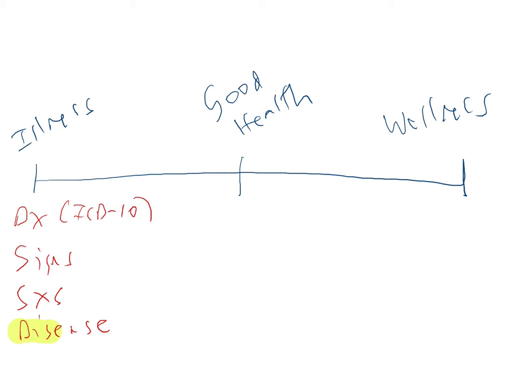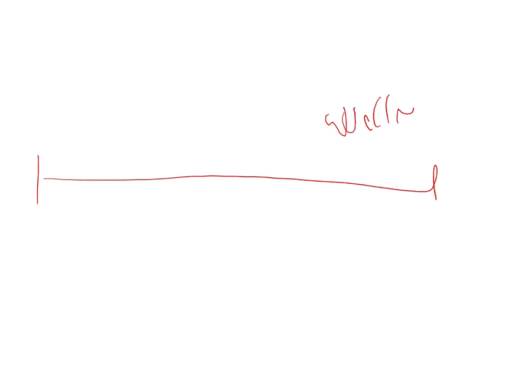So now let's go to the opposite side and look at the characteristics of wellness. So with wellness, there is no diagnosis. So with wellness, you have no diagnosis, but what you have is optimal well-being, and the emphasis on optimal well-being.